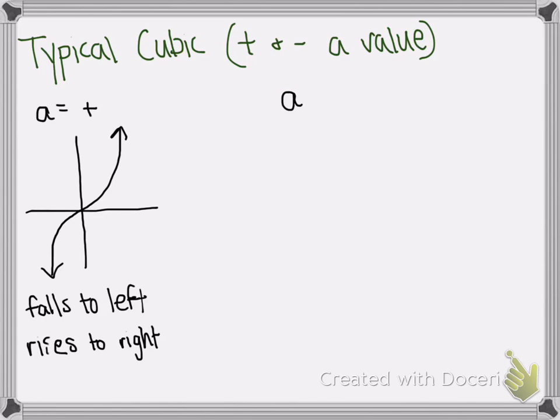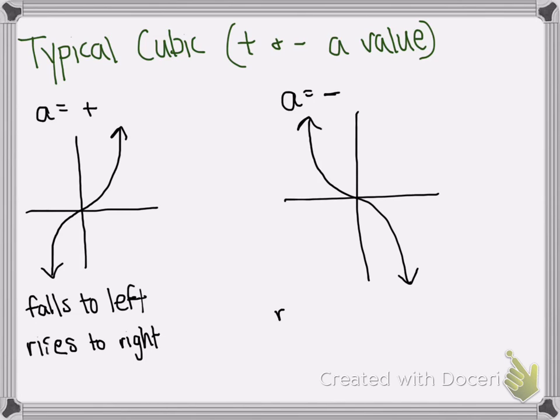Now, if my a is negative, then my typical cubic behaves like this, where it rises to the right and falls to the left.